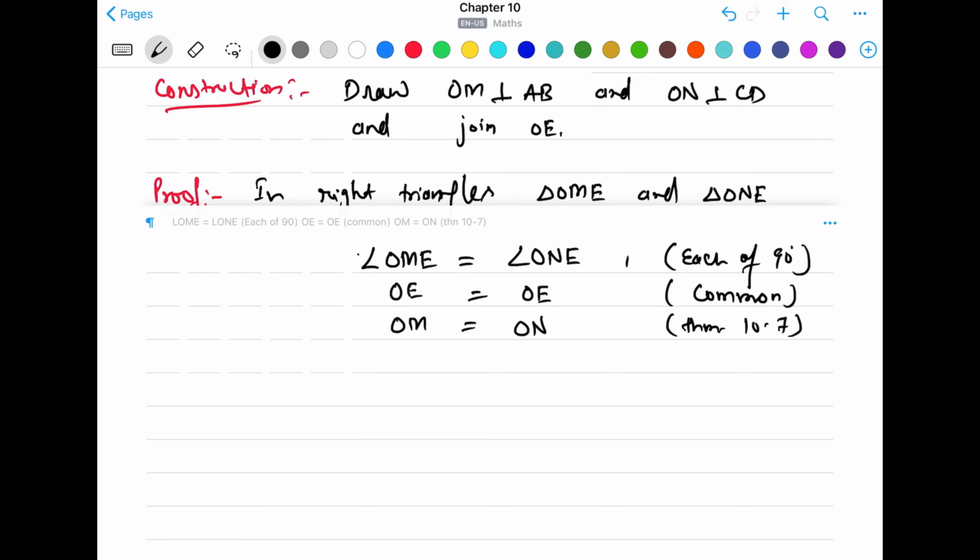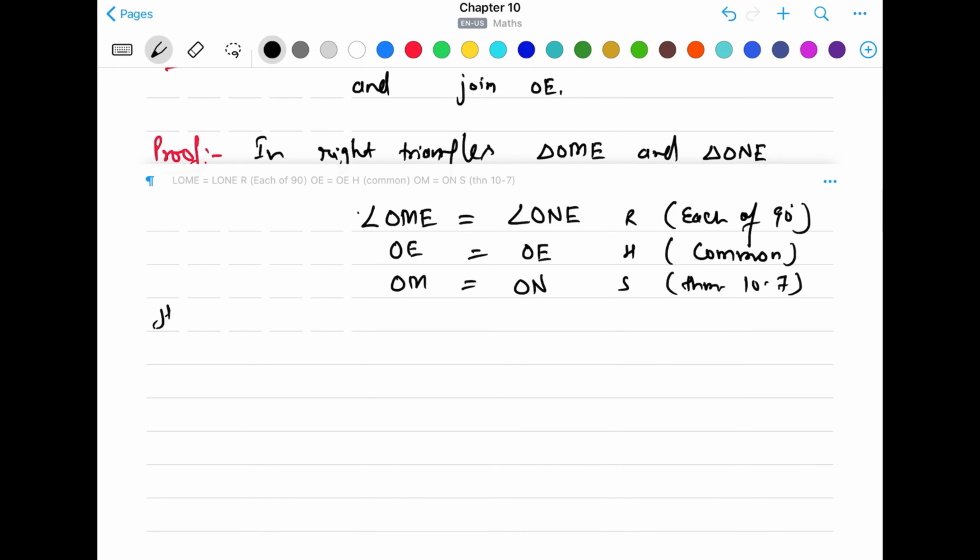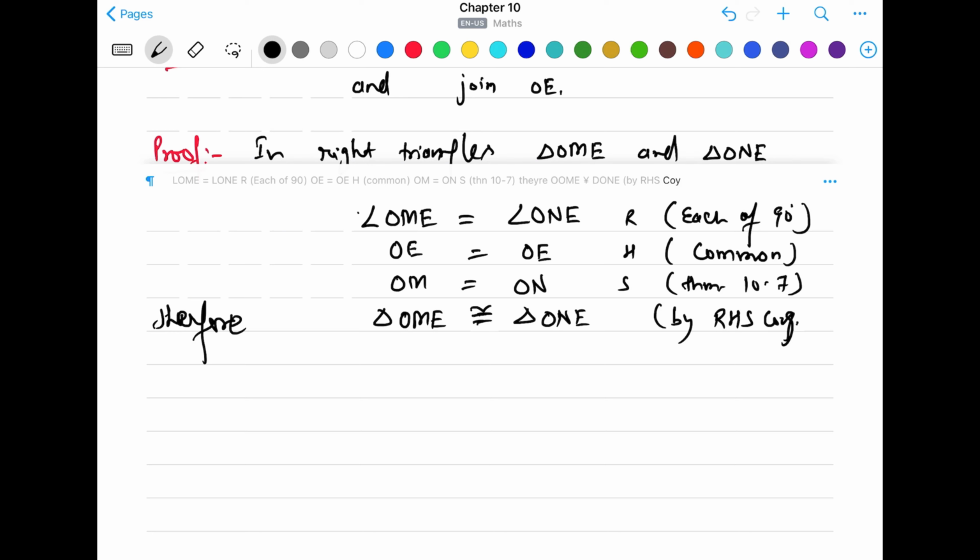So what we got is, we got right angle, we got hypotenuse and one side. Therefore triangle OME is congruent to triangle ONE by RHS congruence rule.